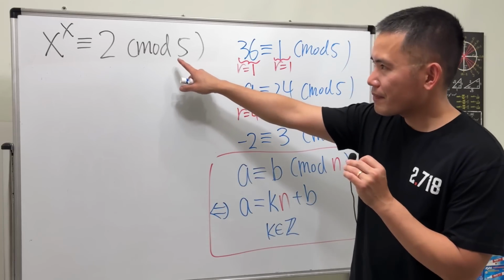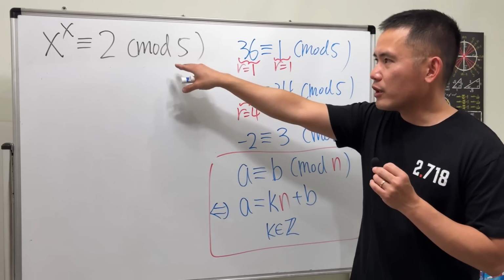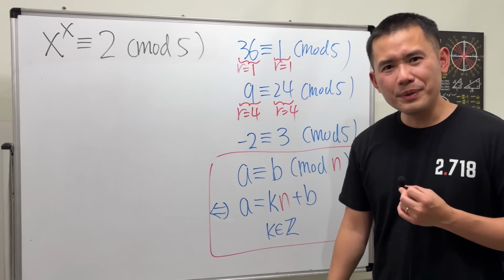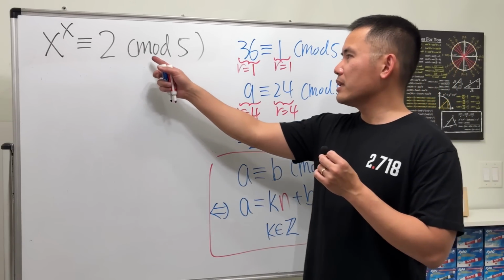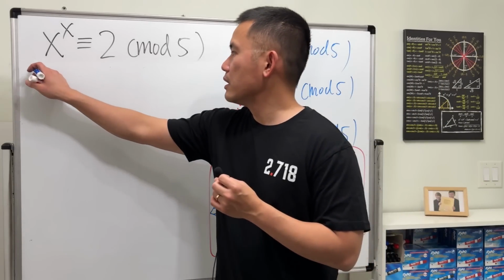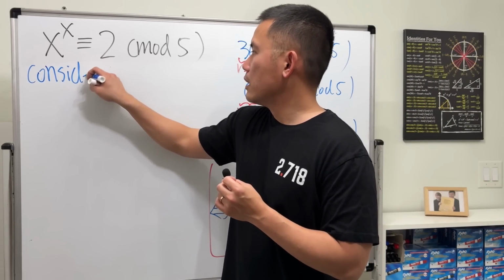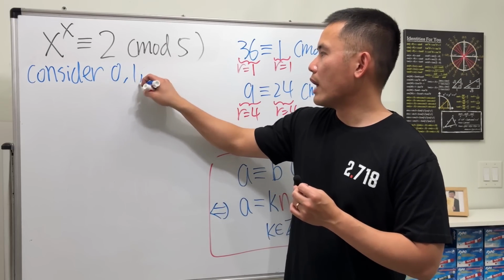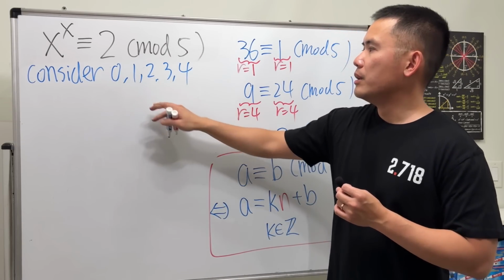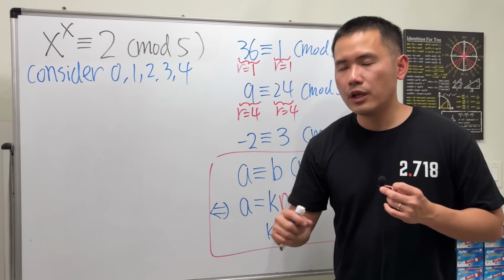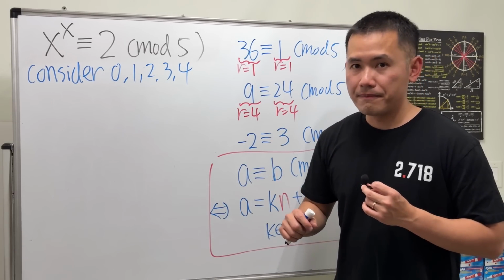Okay, here we go. At first, when I thought about this congruence on my own, I thought, it's supposed to be easy, right? Because I only picked mod 5, meaning, in fact, we just have to consider 5 numbers. Because in the mod 5 world, technically we just have 0, 1, 2, 3, and 4, because these are the 5 different possibilities of remainders when you divide a number by 5.